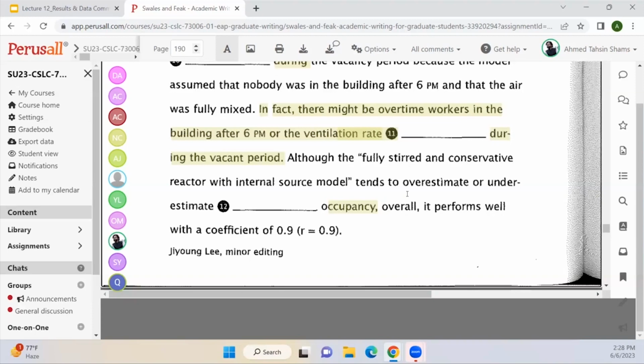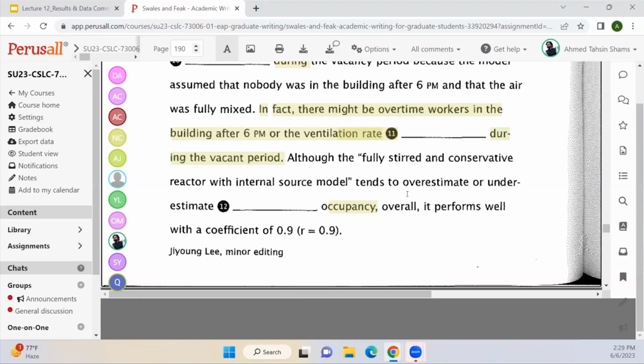I mean, that's also correct. Let's see. Okay, diminish. You said decrease. Good. Both are the same, by the way. That's a good use of hedging.